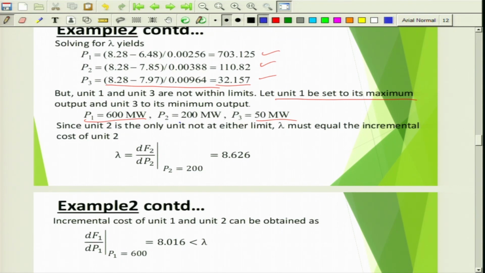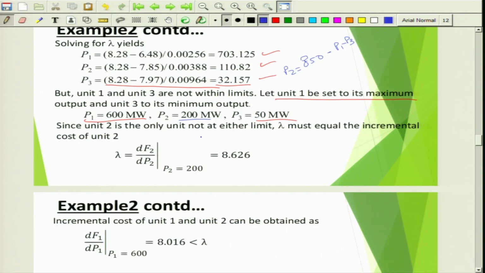It should be 200 megawatt, because P2 is equal to 850 minus P1 minus P3, right. So you will get 200 megawatt.